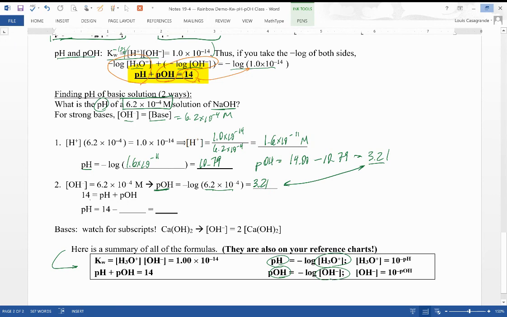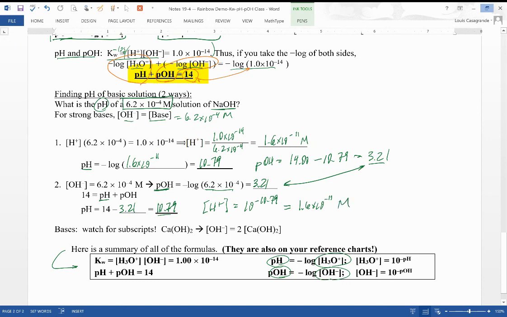Now pH is equal to 14 minus the pOH, so take that 3.21, subtract it from 14, and you'll get 10.79, and there's our pH. And if I wanted my hydrogen ion concentration from this, I would just take 10 to the negative 10.79, and I should get that 1.6 times 10 to the minus 11 molar.